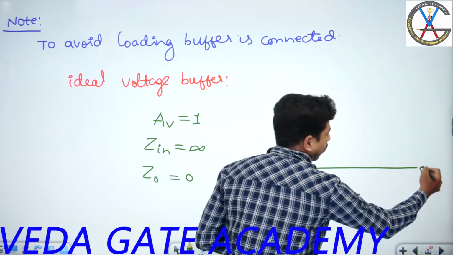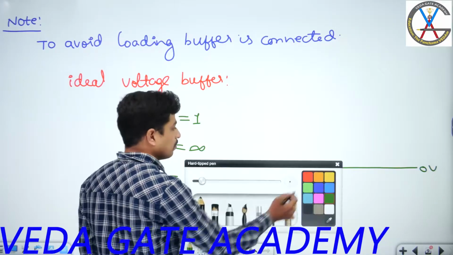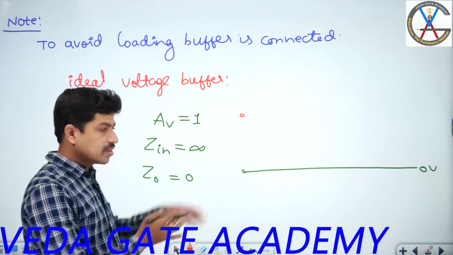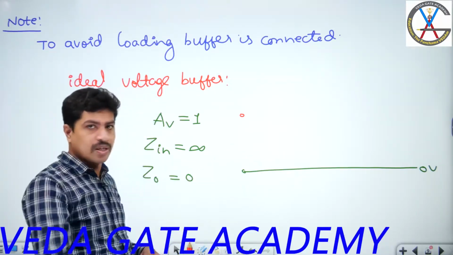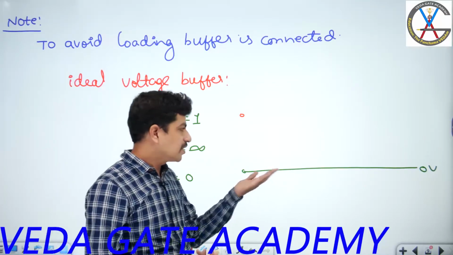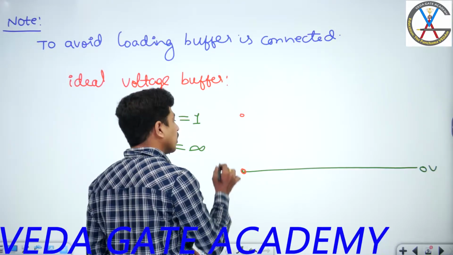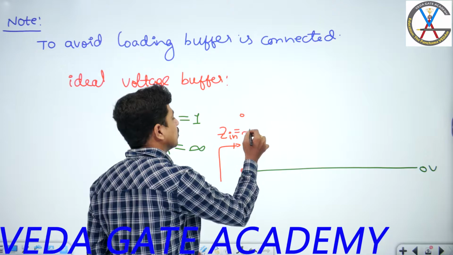This is 0 volt as the reference. Now, input impedance is infinity, meaning I have to keep it open here. This is the input side. The same reference I'm taking for both the input side and the output side. Some people will misunderstand this diagram, how I drew it. Input impedance is infinite. What is this? Open circuit. Therefore, input impedance is infinite.